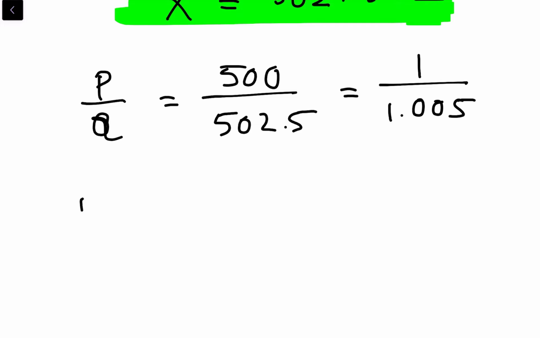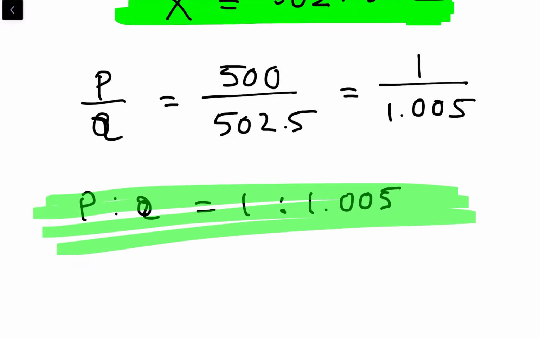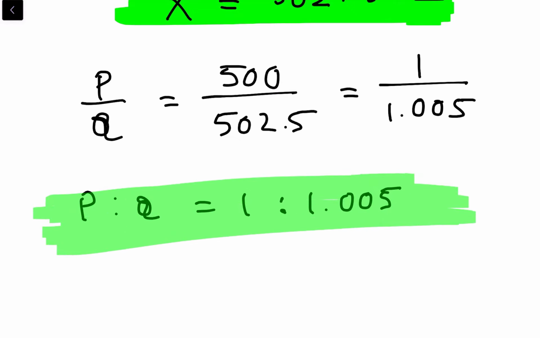That means P is to Q is equal to 1 is to 1.005. So this is the ratio which we found and which they asked us to find.